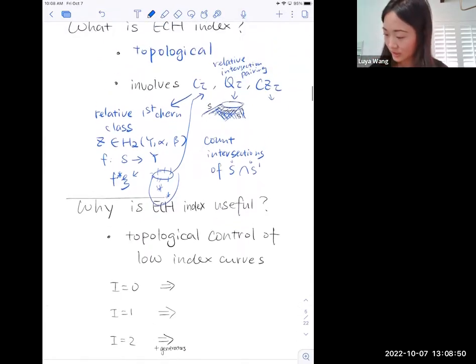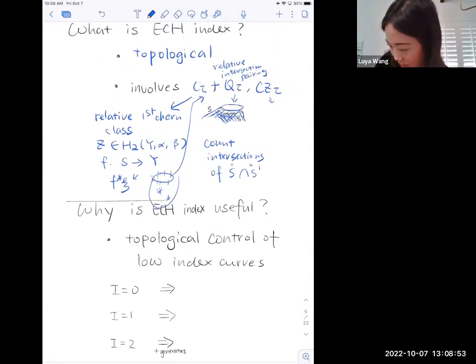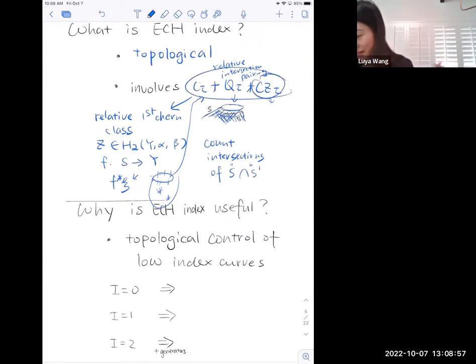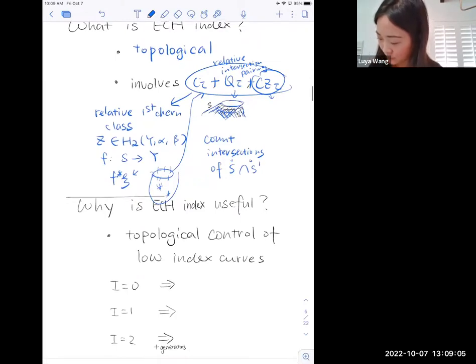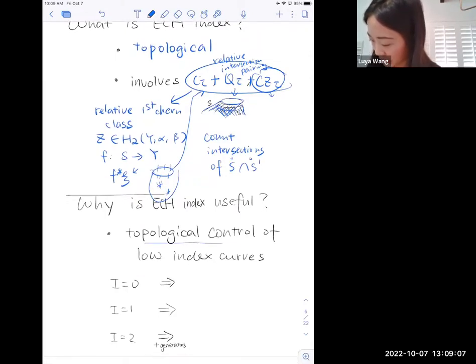So the ECH index is just adding up all these terms. Well, for CZ, you have to be careful how you add it up over all the Reeb orbits, but roughly speaking, it's the sum of all these terms. So why is the ECH index useful? It gives us topological control of low index curves.